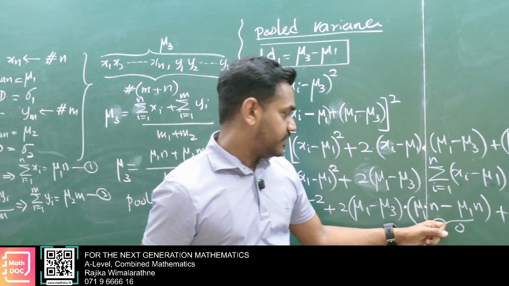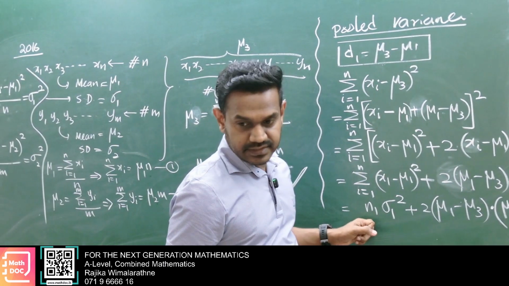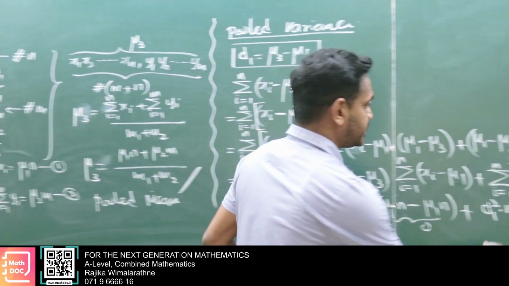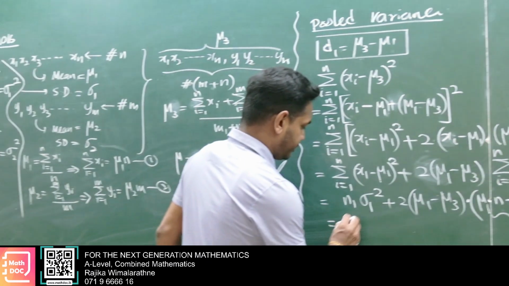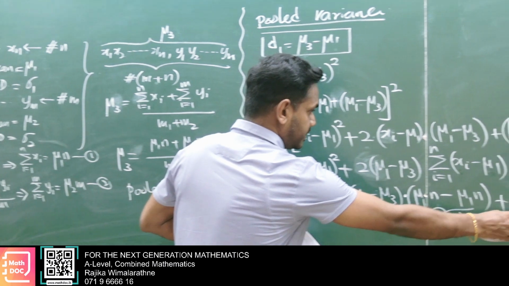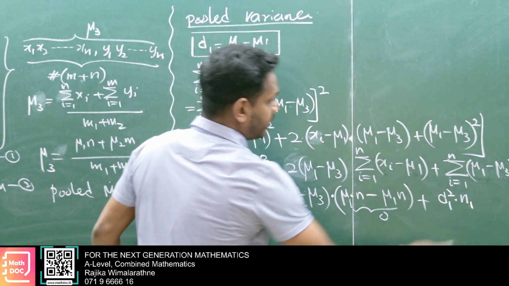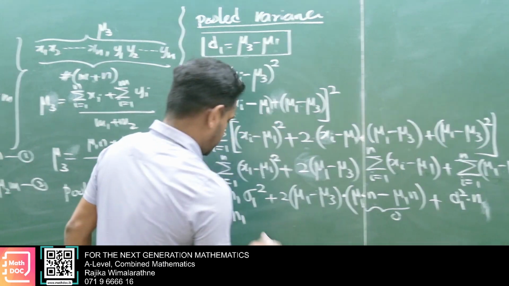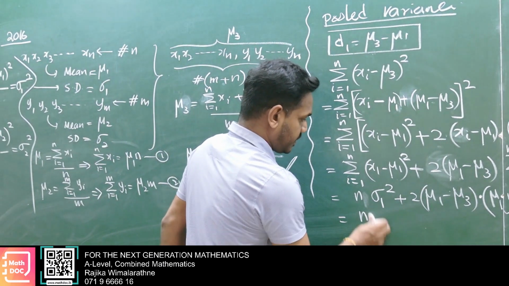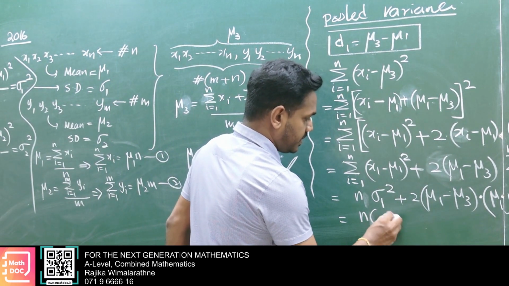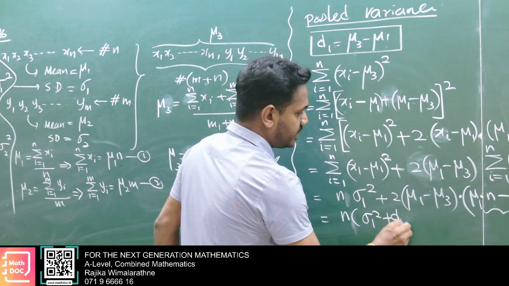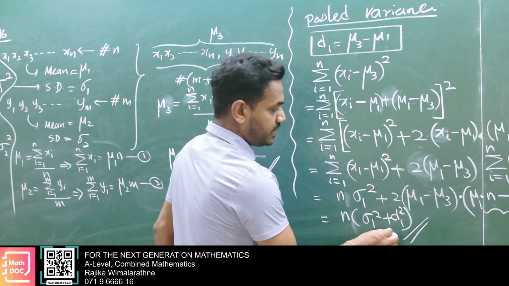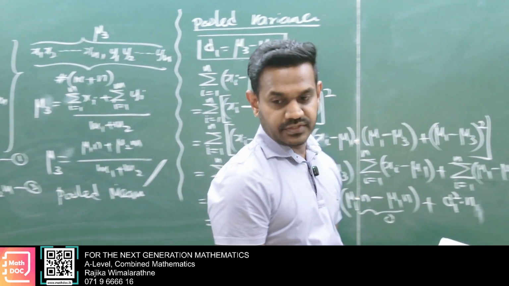For this part being 0, the final result is this. Take n outside: n times (sigma1 squared plus d1 squared). Here is the result. Okay, first do up to that.